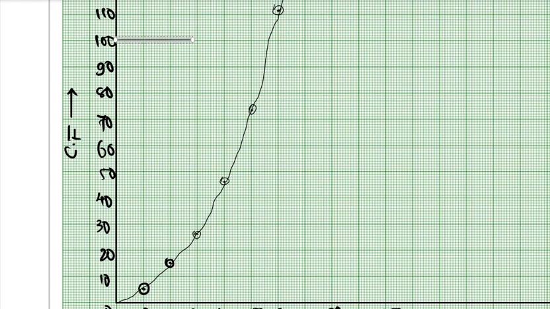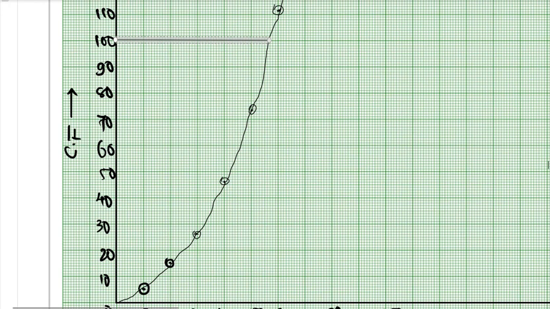Starting from here, I'm just going to draw a line. Okay, so that's a straight line from the 100th term on the y-axis.